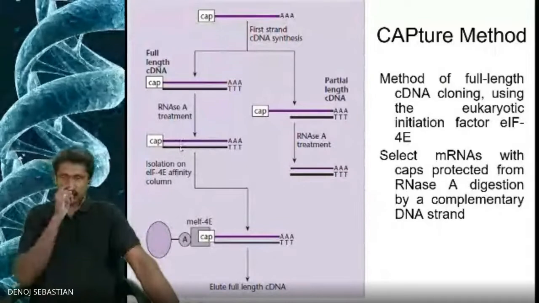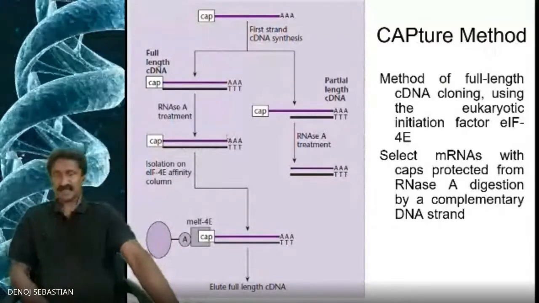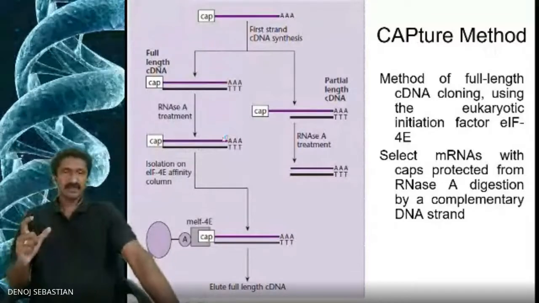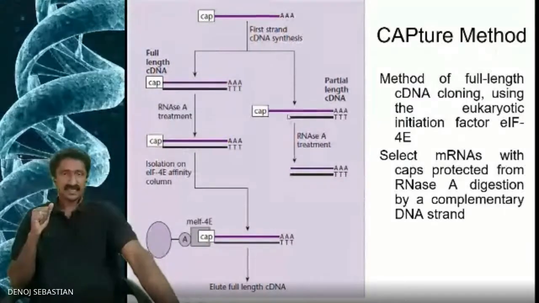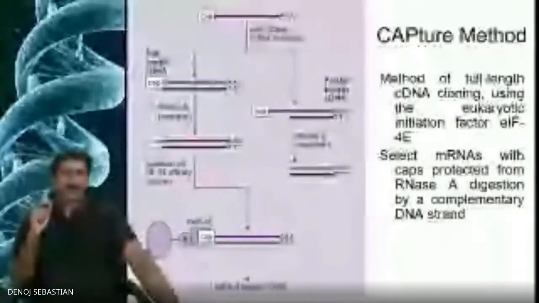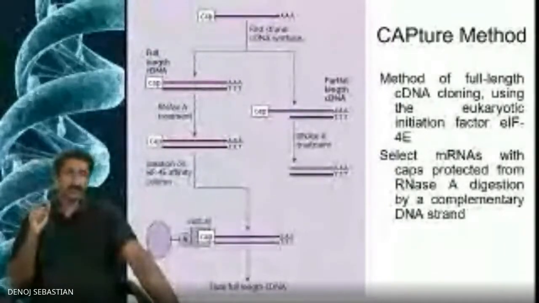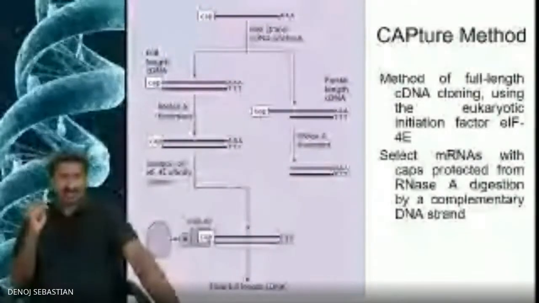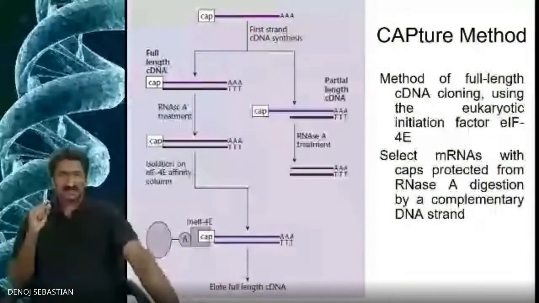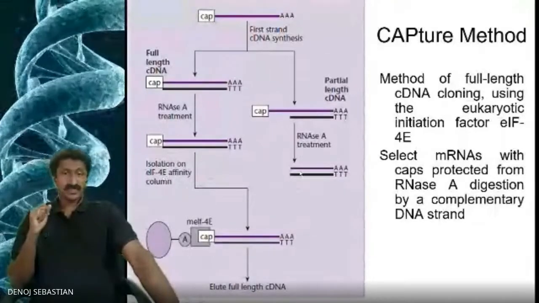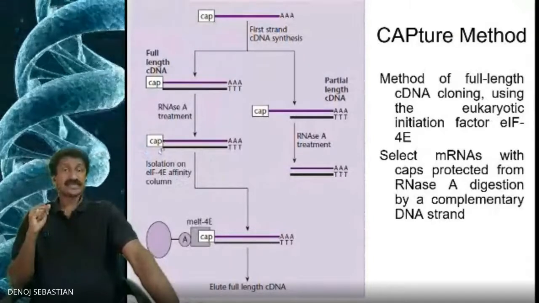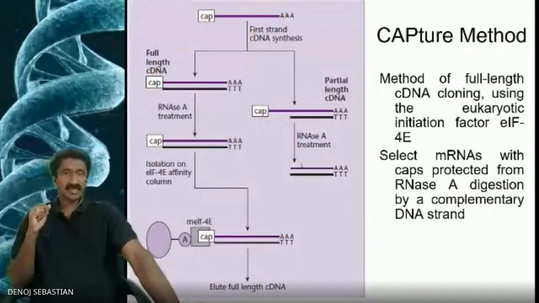If the full-length cDNA copy is already prepared, then the mRNA is protected from RNase A treatment because there is an RNA-DNA hybrid, so there is no free RNA for lysis with RNase A. Whereas in this case, there is a free region of the RNA without any hybrid formation because of the incomplete copying, which results in RNase digestion of this region, and a shorter strand is produced. Of course, the 5' cap is retained in the first case because the entire molecule is protected from RNase treatment, whereas RNase treatment will remove the 5' cap and the single-stranded region of the RNA in the second case.